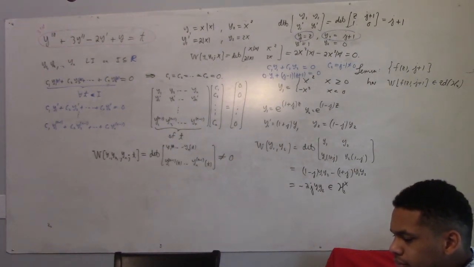Now that's important because Theorem 3.10 says if you have an nth order linear differential equation with continuous coefficient functions on a connected subset, then there exists a fundamental solution set.